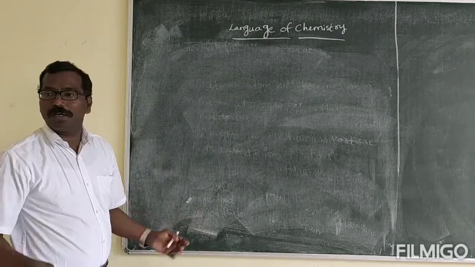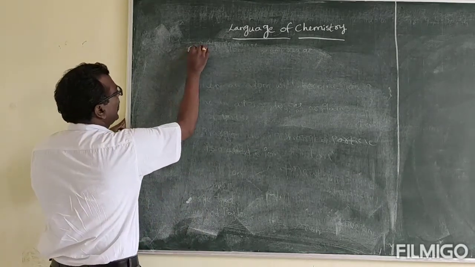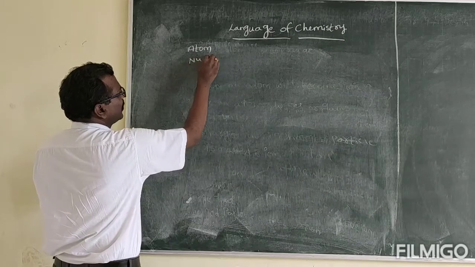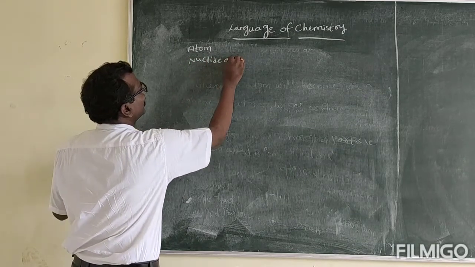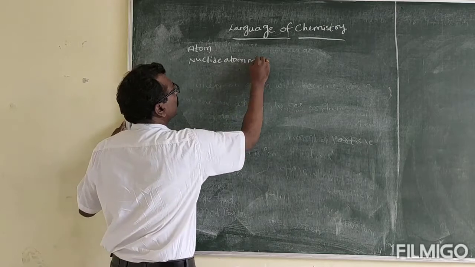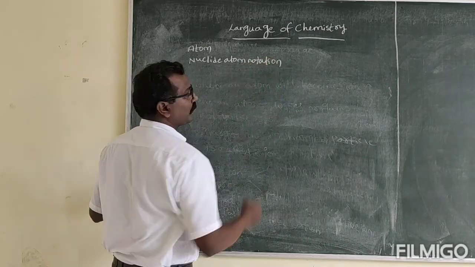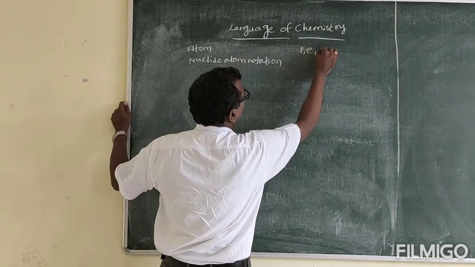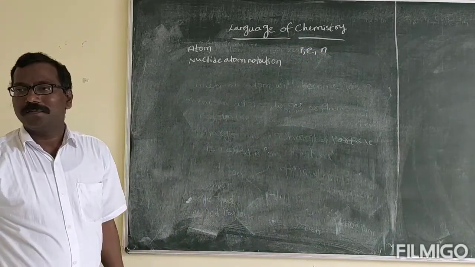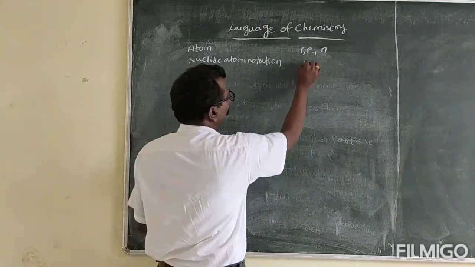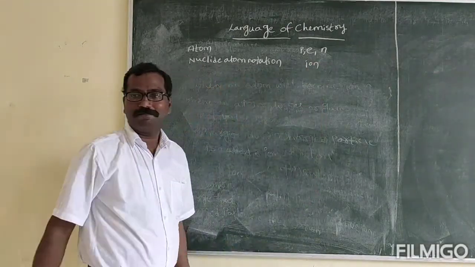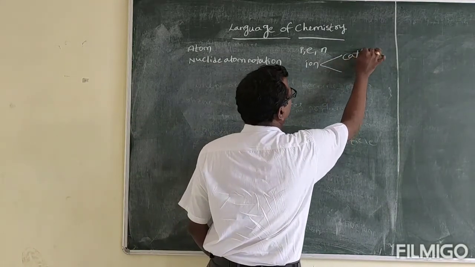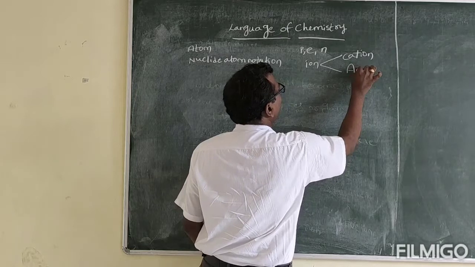Hope now you have understood what is an atom, what is nuclide atom notation, next how to calculate protons, electrons and neutrons, and what is an ion, and what are the types of ions, that is what is a cation and what is an anion.